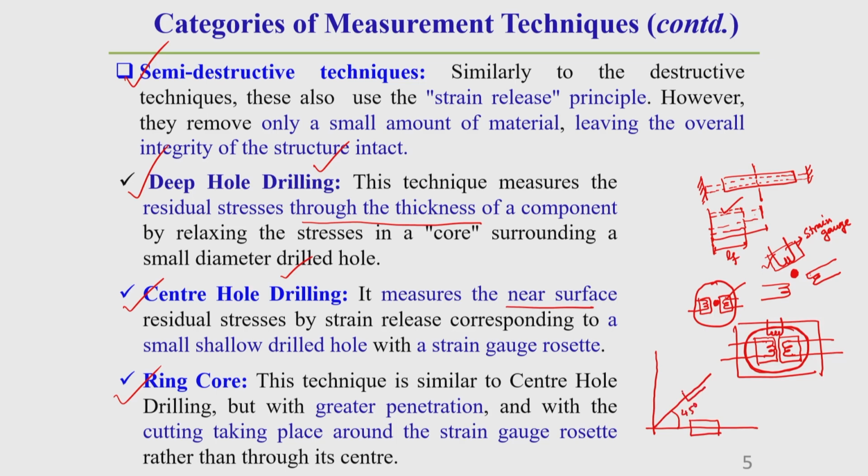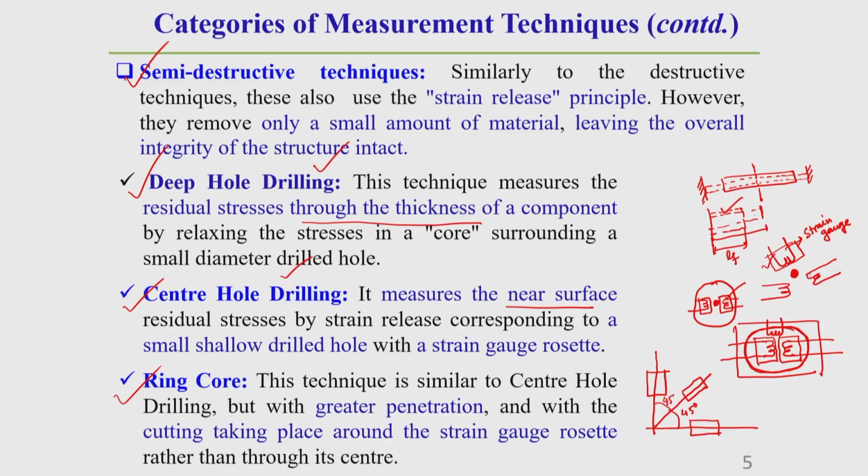Three strain gauges are generally used in a strain gauge rosette, because once we use these 3 strain gauges, we can easily measure the principal strain and principal stress in detail. How that works, I will show you. As these strain gauges are placed 45 degrees apart from each other, it is called a 45-degree strain gauge rosette. There can also be a 60-degree strain gauge rosette.